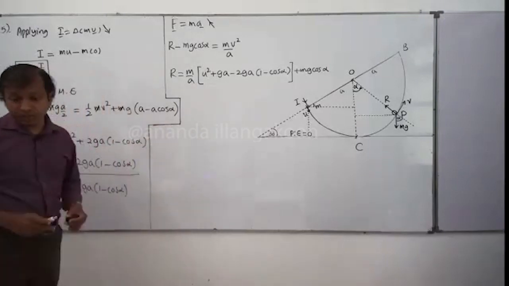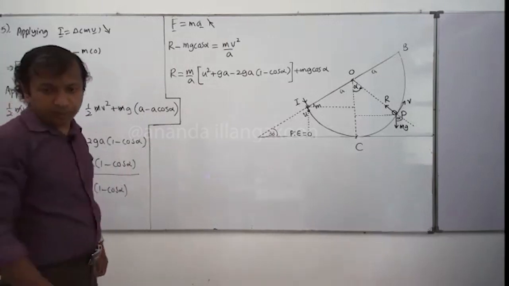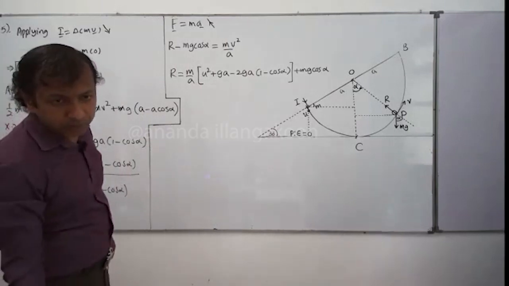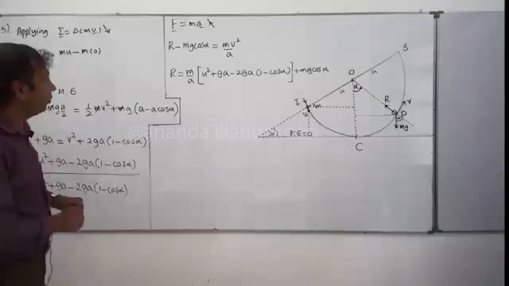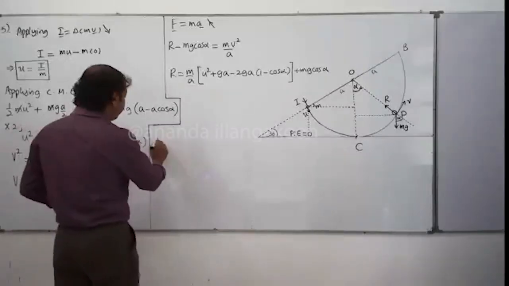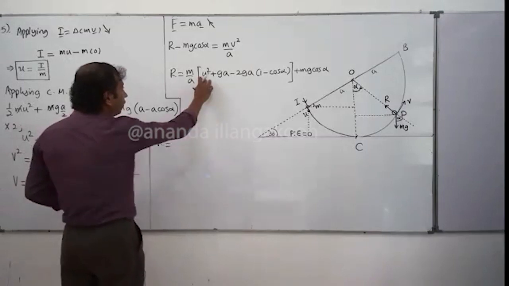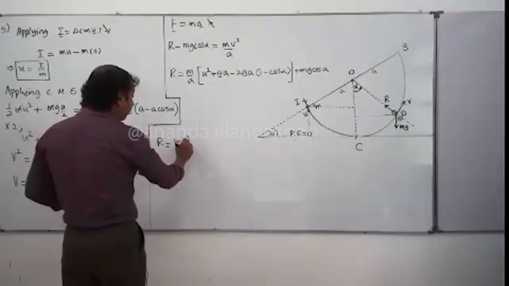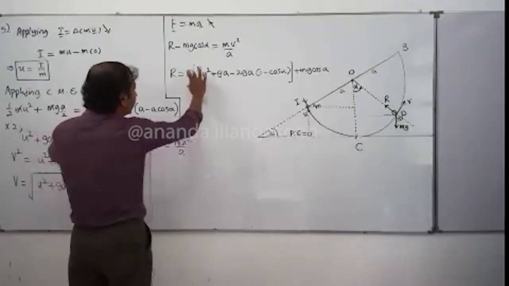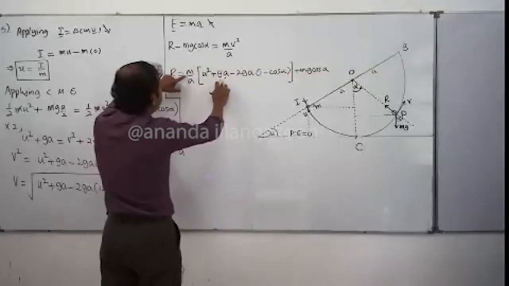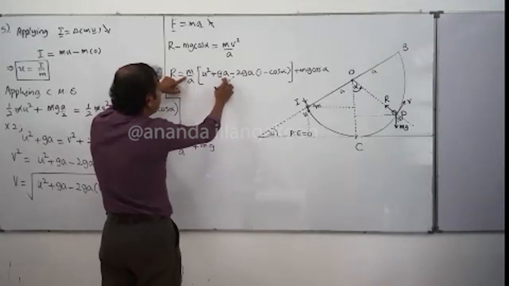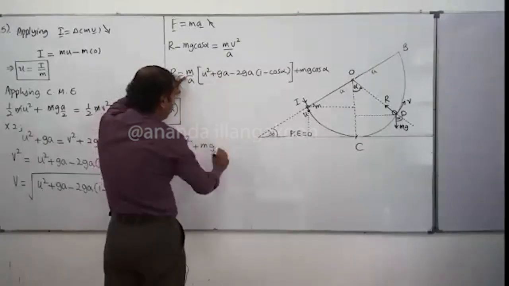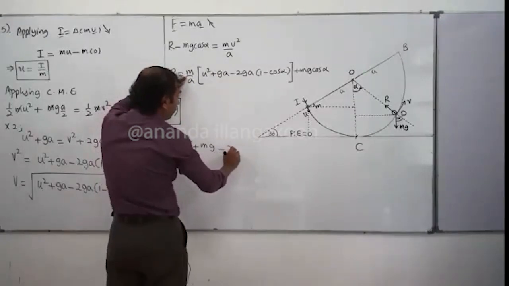Simplify this, people, and find R. Right. When you simplify here, we get R equals mu squared upon a. Remove the bracket by multiplying by m upon a. It will be mg. A and a will cancel off here, minus 2mg.